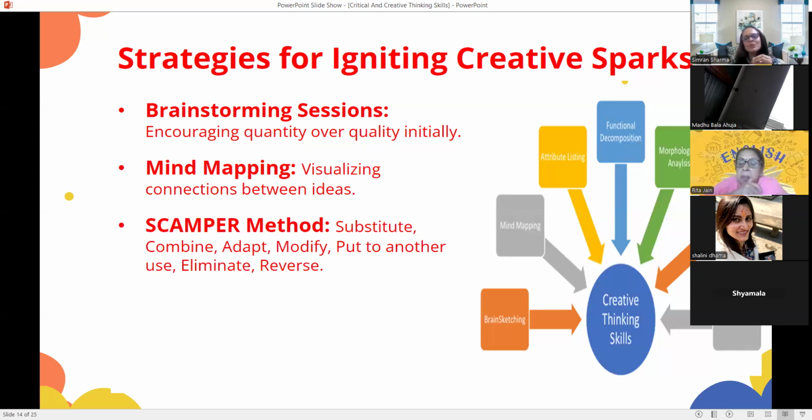You can encourage students to use the SCAMPER method, which is a tool. Suppose they're given a problem. Ask them, can you substitute something in this? Can you combine something? Can you adapt, modify, put to another use, eliminate or reverse? For example, they have to modify a chair.